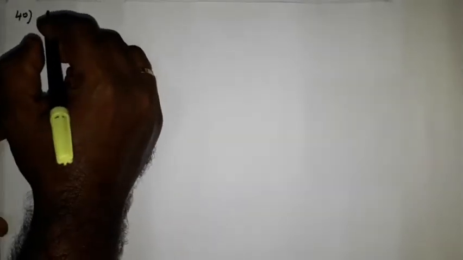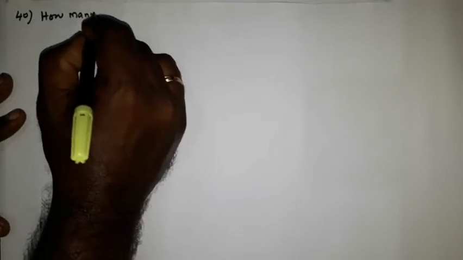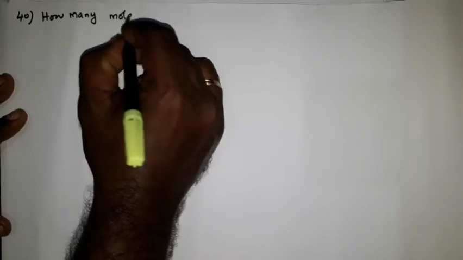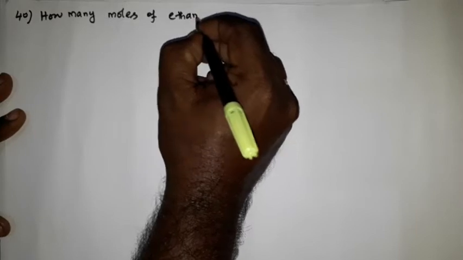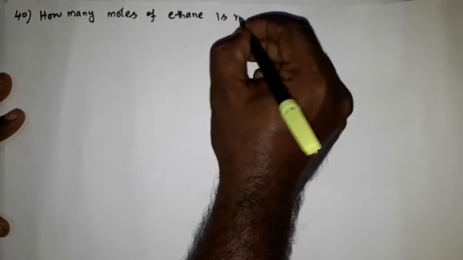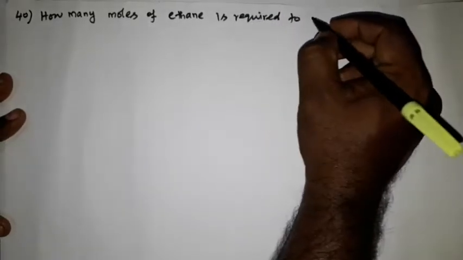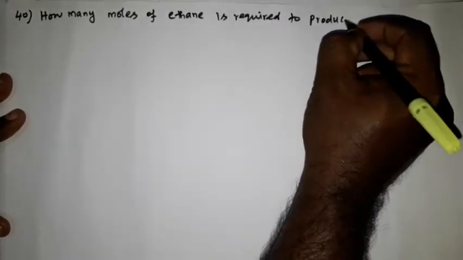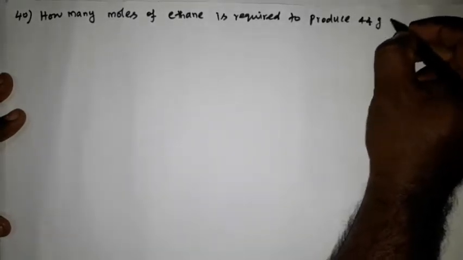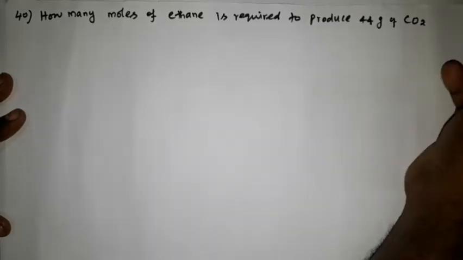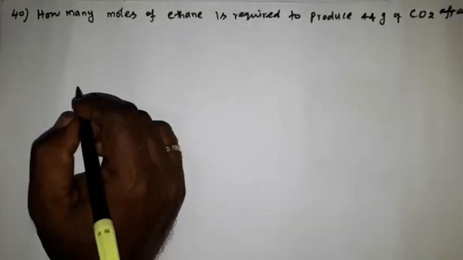The question is, how many moles of ethane is required to produce 44 grams of carbon dioxide after combustion.